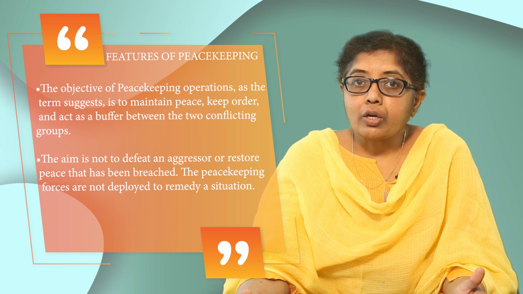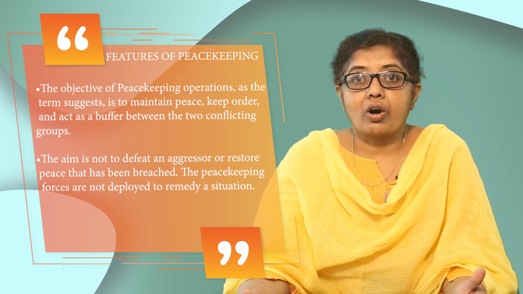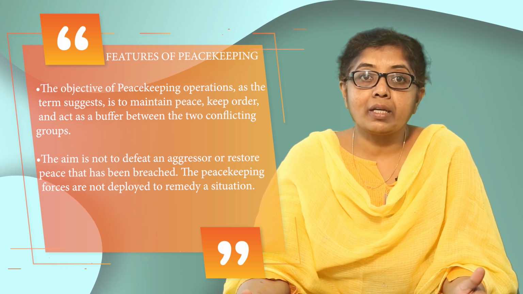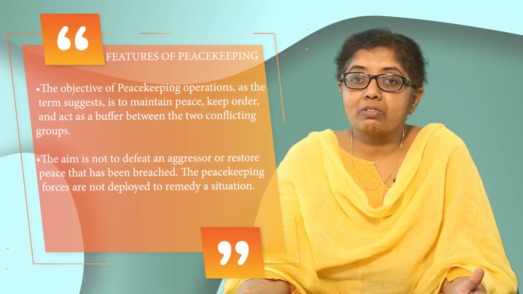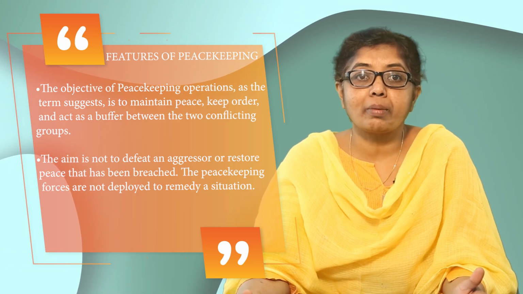The aim is not to defeat an aggressor or restore peace that has been breached. The peacekeeping forces are not deployed to remedy a situation. They are deployed to prevent further escalation of tension or conflict. The objective is to maintain peace while keeping the conflict at manageable levels without deciding about the nature of conflict or who is the aggressor.